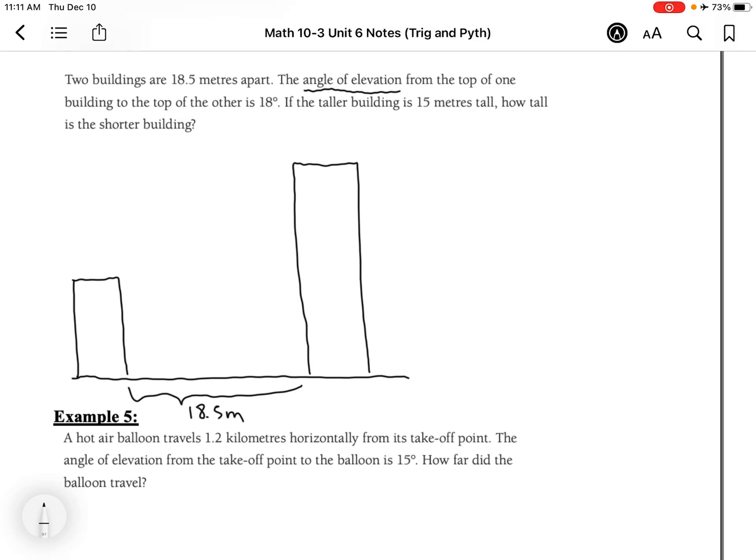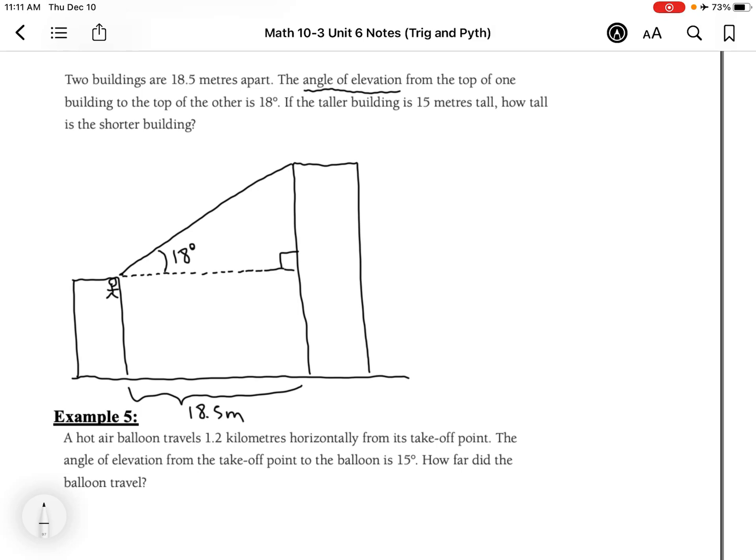So imagine that you're standing right up here and you're looking up to this taller building, okay? Well, the angle of elevation is between the line of sight and the horizontal. So we've got to draw in this horizontal. There we go. Oh, and that makes a nice little right triangle. That's convenient. And this angle is 18 degrees.